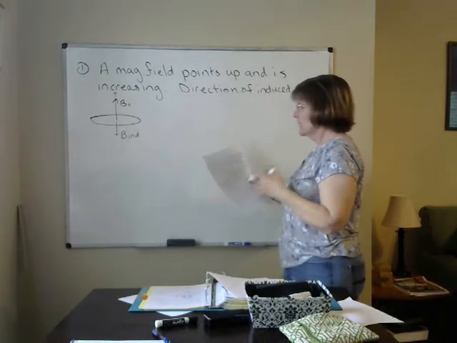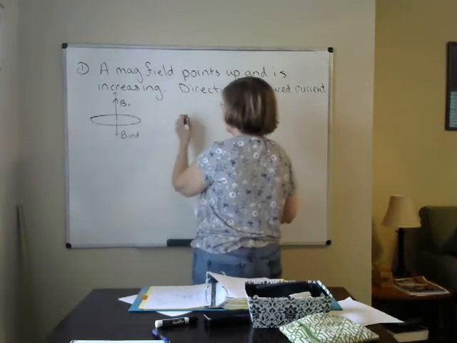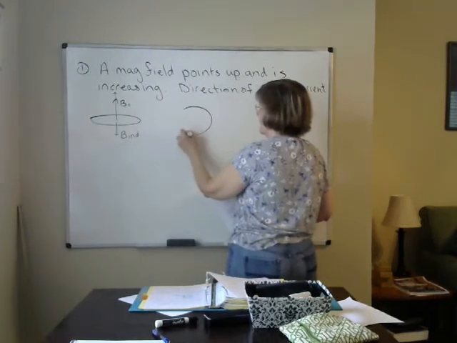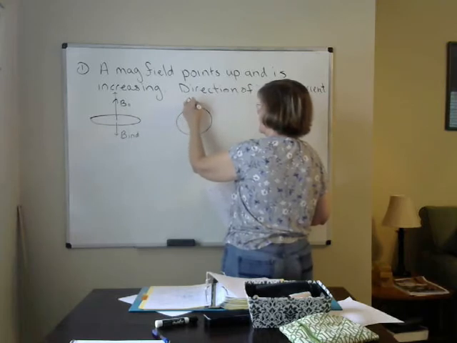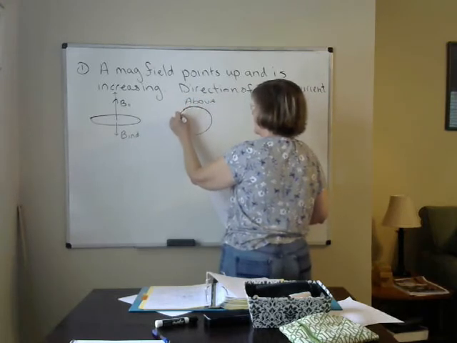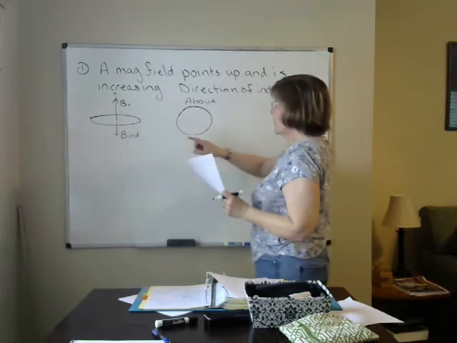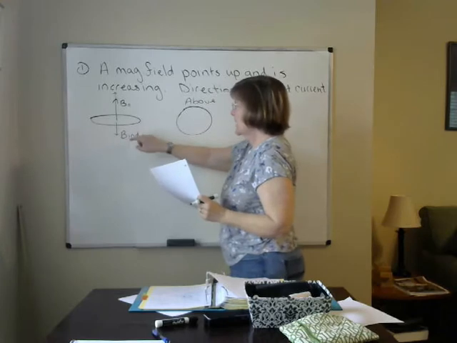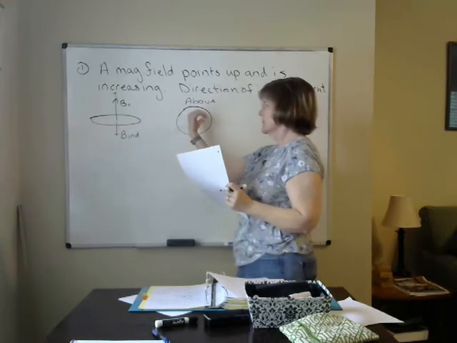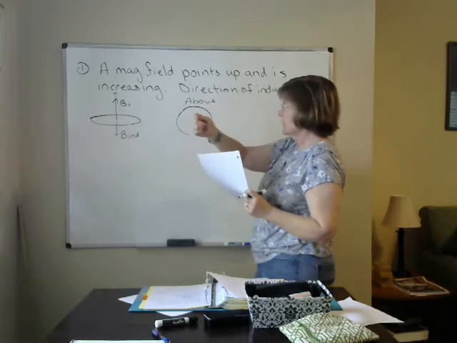Okay. If I looked at this same picture from above, let's picture this from above. Well, if I picture it from above, if I want the magnetic field to point down, the original field is coming out of the circle.